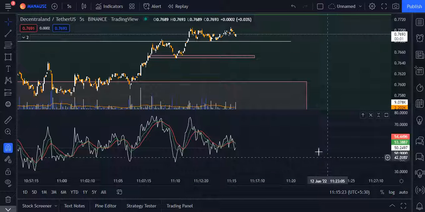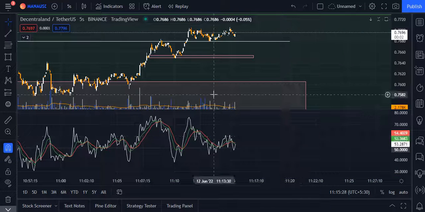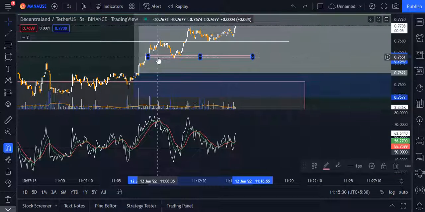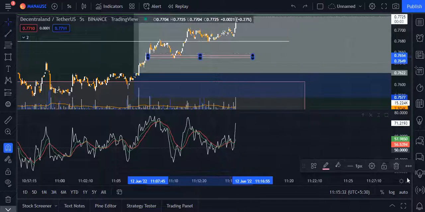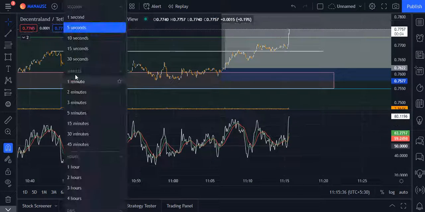current scenario. I don't think it's gonna come down again and, oh sorry, it's gonna hit this entry position. Yeah, just look at this. Just look at this.